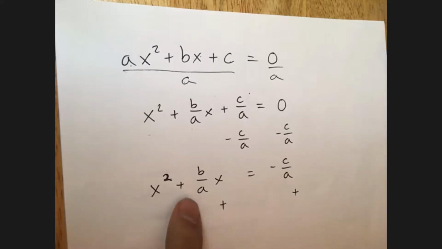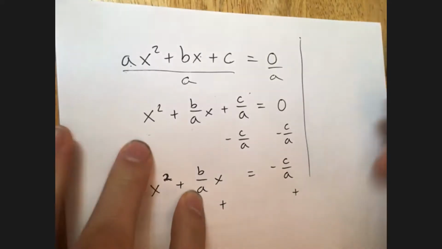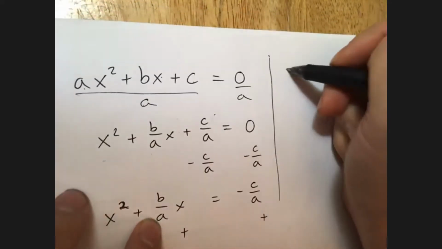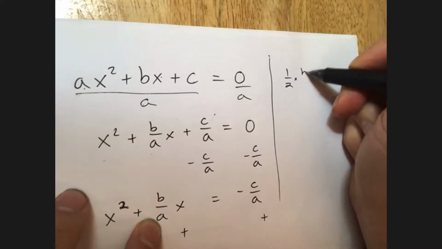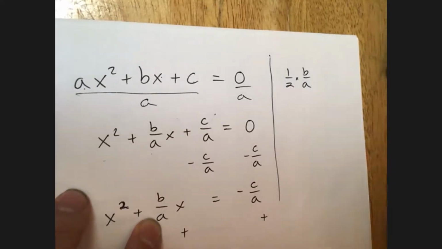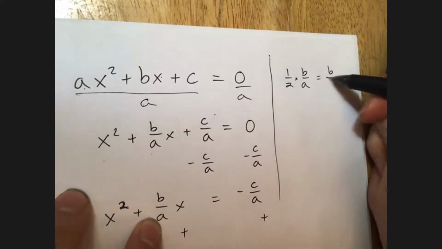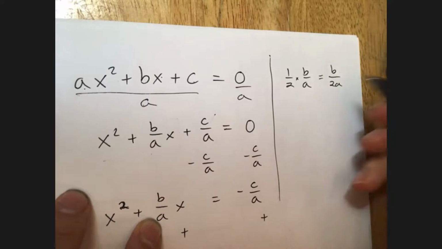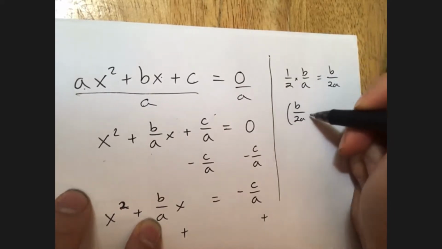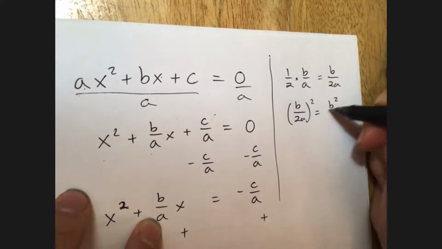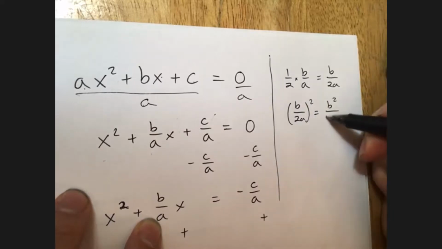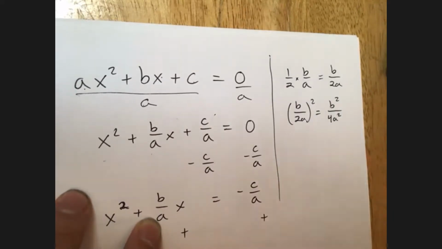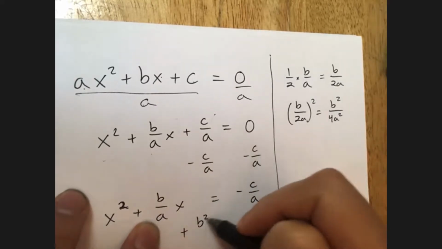And we know what we're supposed to add. We're supposed to add half of whatever this is. So let's figure that out over here. What's half of b over a? Well, just multiply. It's b over 2a. And I'm supposed to square that. b over 2a squared is b squared over, well, 2a squared is 4a squared. So that's what I need to add to both sides to get this to be a perfect square.